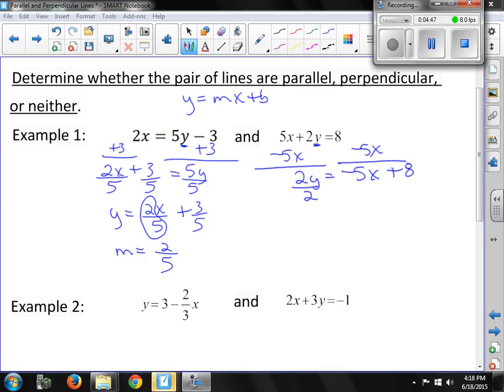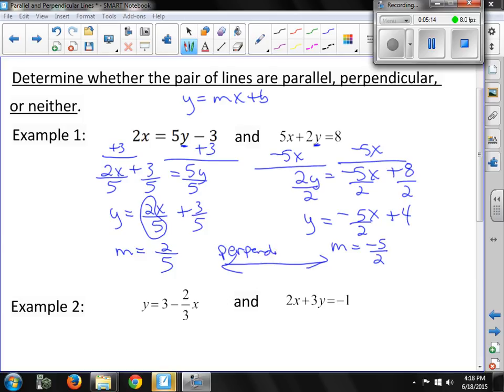I'm going to divide everything by 2. So y equals -5 halves x plus 4. The slope on this equation of a line is negative 5/2. Now I need to compare the two slopes. It looks like they're opposite signs and they're reciprocals. So these two lines are perpendicular.